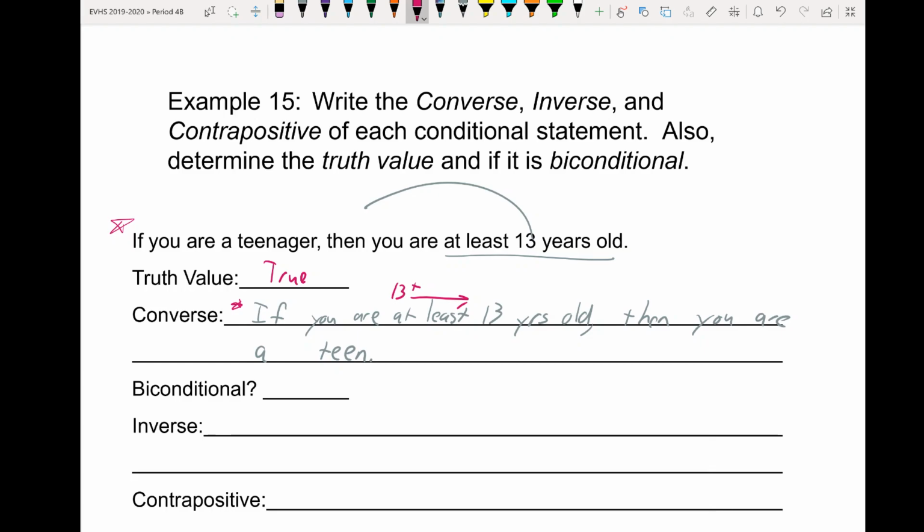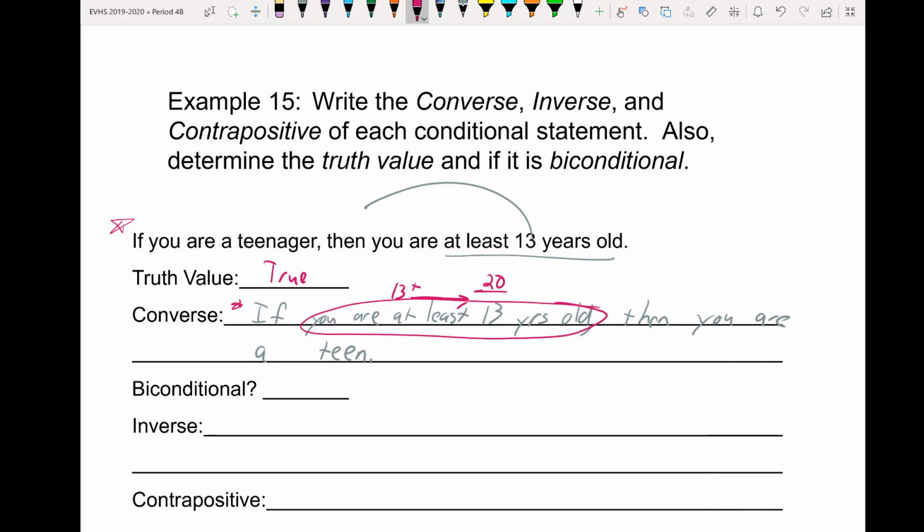In particular, for a counterexample, we need a specific one. Let's use a 20-year-old. Does a 20-year-old satisfy this hypothesis, if you are at least 13 years old? Yes. Now, if you're 20, then you are a teen. Is that true?